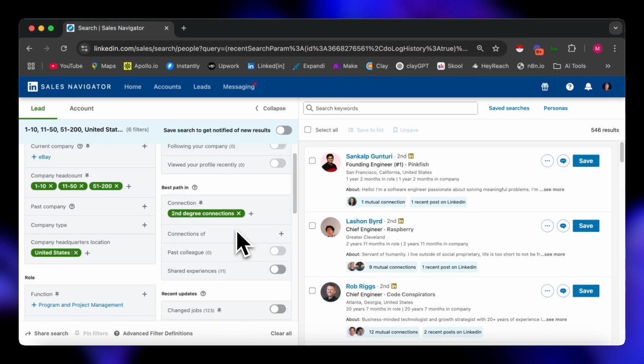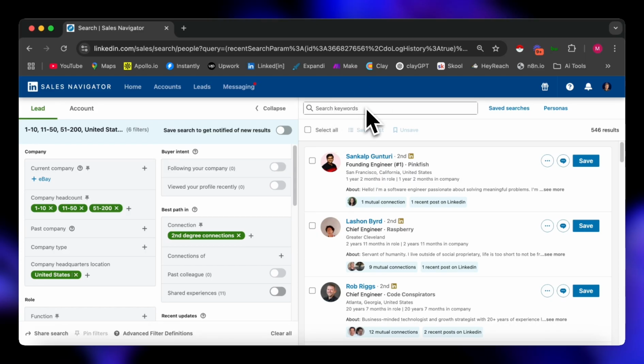We have that set in. The one thing that I want to talk about quickly is saved searches, search keywords. So the keywords, if you can find the people in here, then I believe it's better to use the actual filters than keywords.